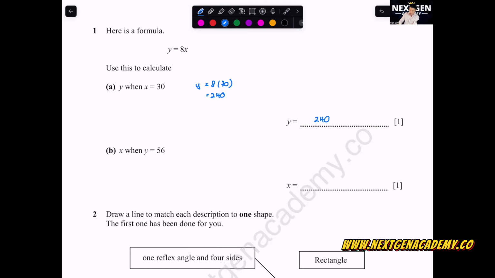All of you can do a mental calculation here. Now x when y equals 56. 56 equals 8x. 56 divided by 8 is equal to x. x is equal to 7. Easy peasy, lemon squeezy.